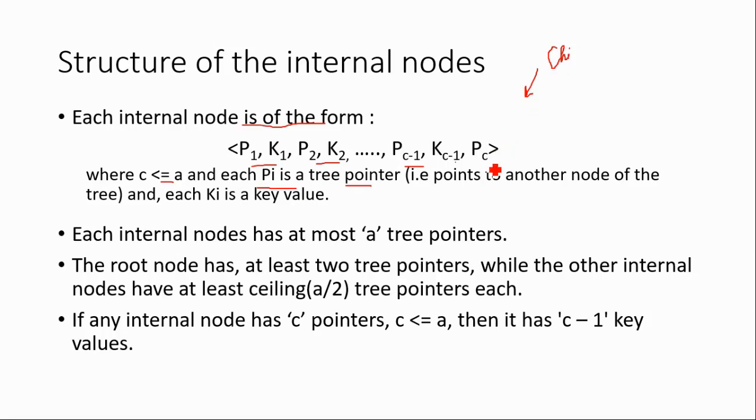It points to another node of the tree, and each Ki is a key value.